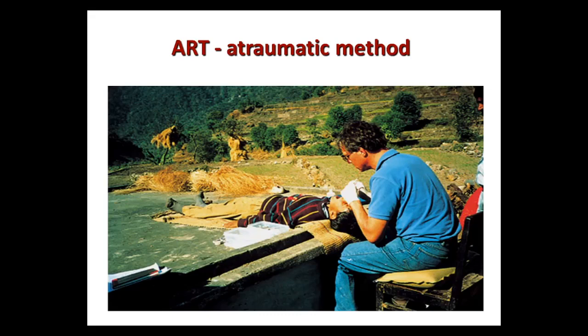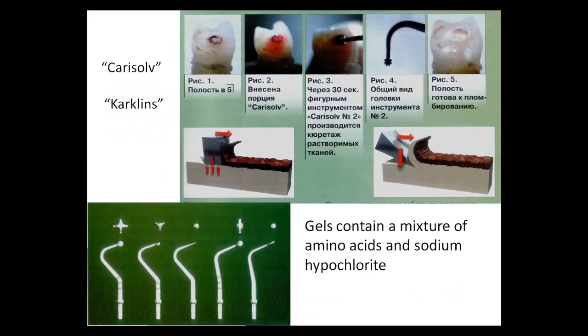We don't have any device, any drills for this, apart from a sharp instrument like an excavator and a special chemical medicine. It is in the form of gels like Carisolve or Caricleans, and this gel contains a mixture of amino acids and sodium hypochlorite.